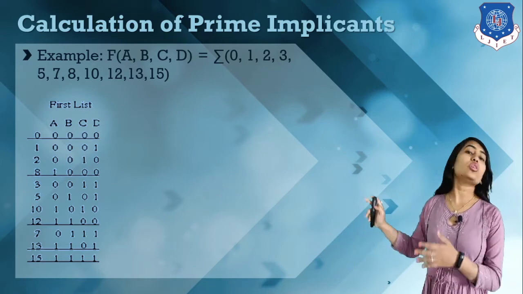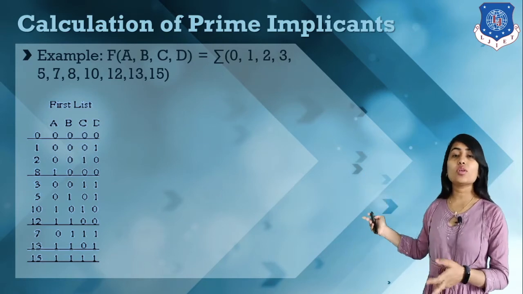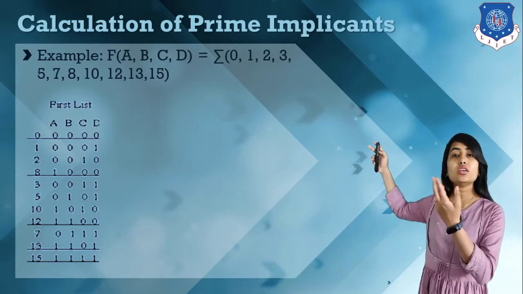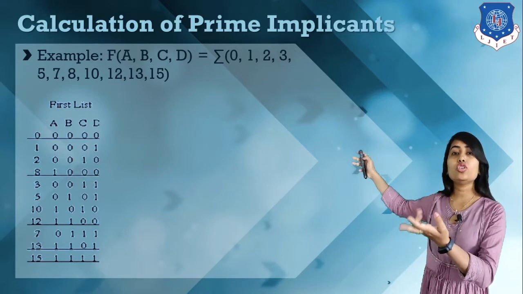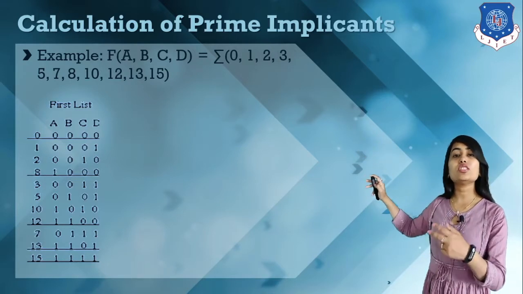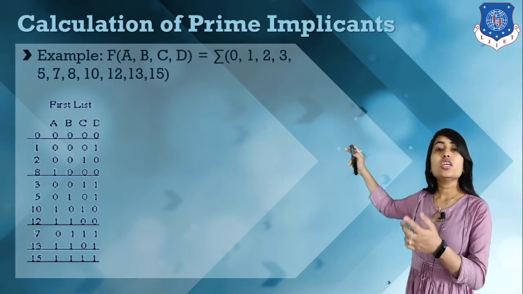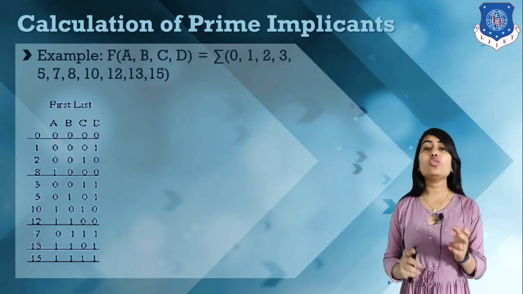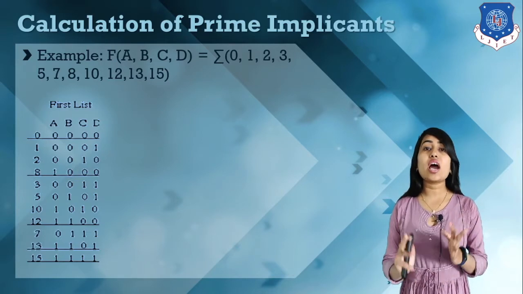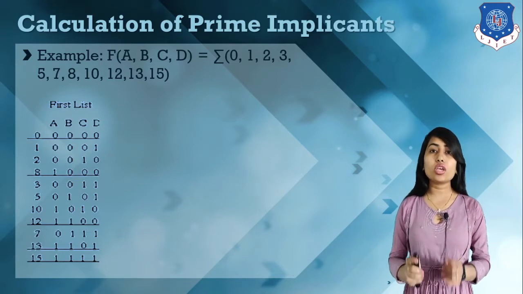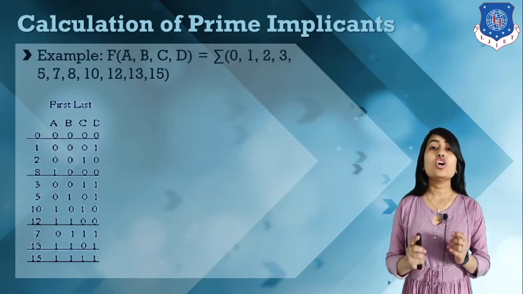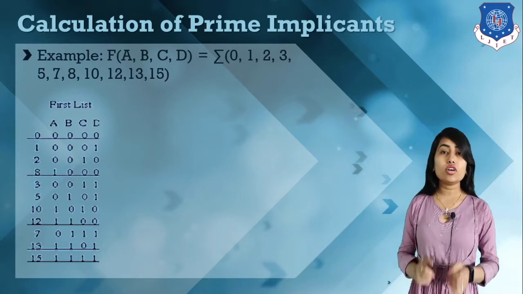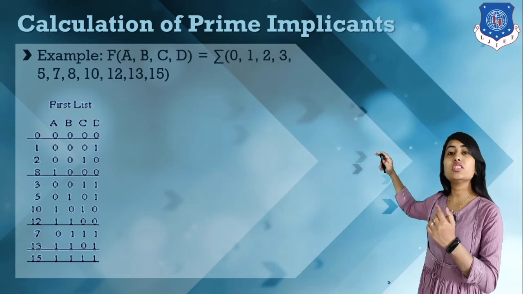Now we have to compare successive groups. That means we compare the group with number of ones 0 time and the group with number of ones 1 time. That means we compare 0 with 1, 2 and 8, in which we have to combine the terms which differ by only 1 bit. So here we have 0 and 1.